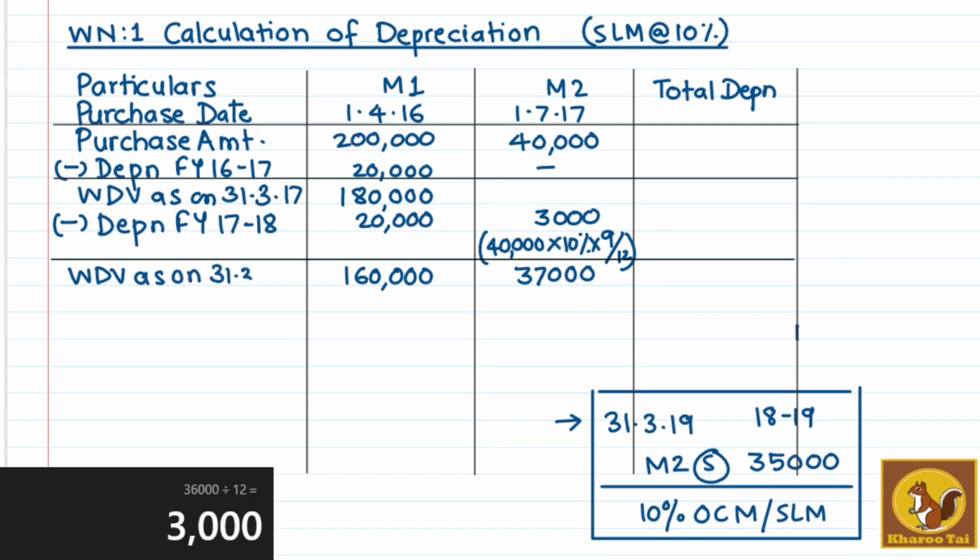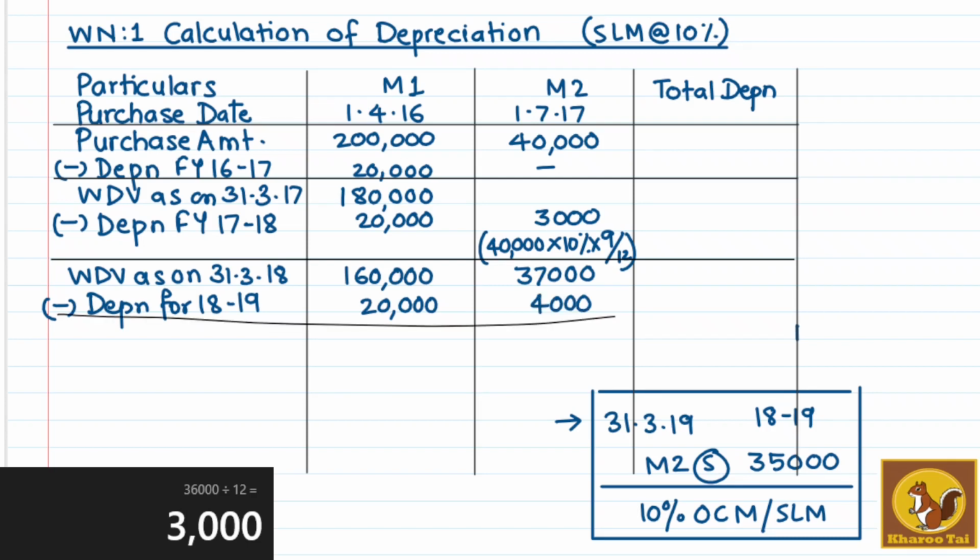So WDV as on 31/3/18 will be this, less depreciation for 18-19. Now the second machinery was sold, but the asset was used for whole year. So both the assets were used for whole year. So the depreciation will be for whole year, 20,000 in first machinery and 4,000 in second, on 2 lakhs and 40,000.